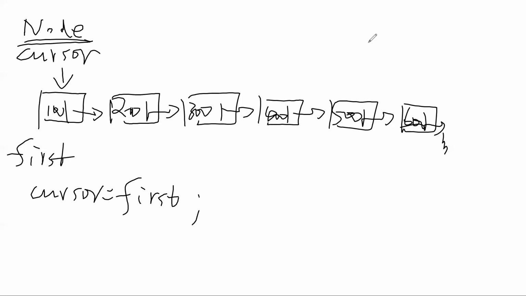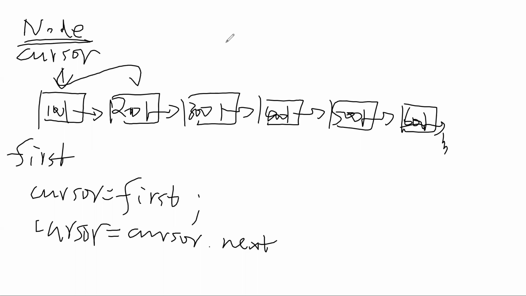You can access it as cursor's next. Cursor's next is going to be 200 in this case. But you can reset it to cursor. And then in this case, cursor is going to point to the next.